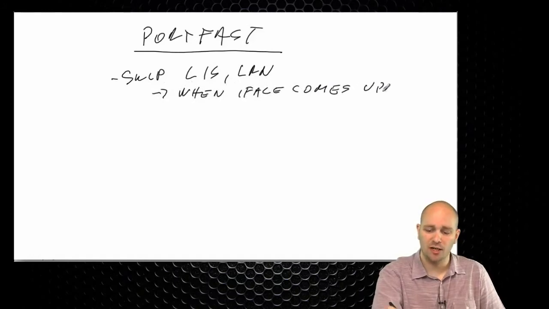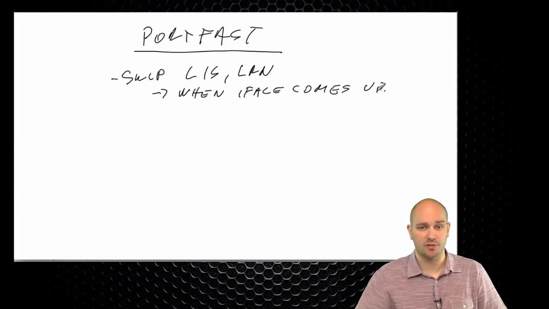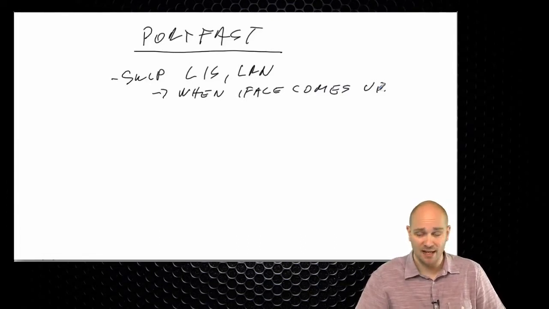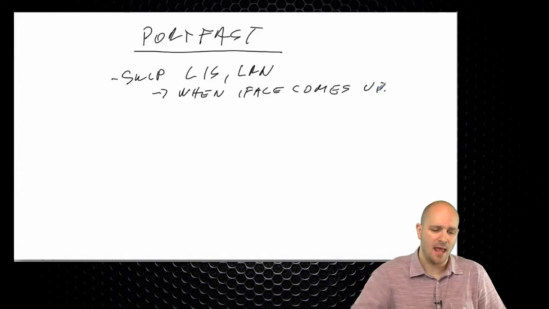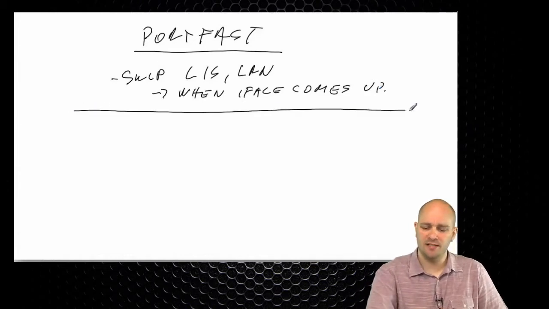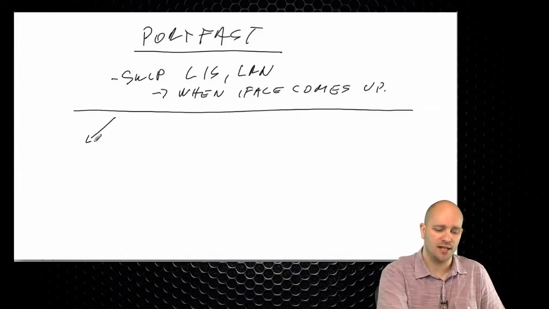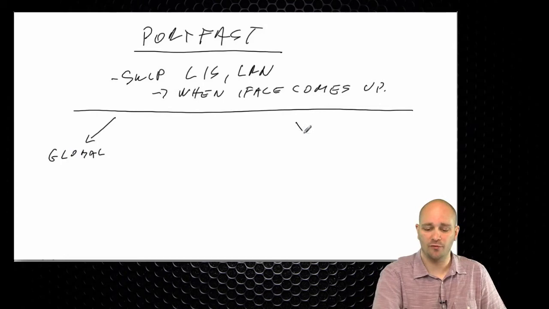So this does not apply if the interface was, for example, in the blocking state and has Portfast enabled on it. In that case, the interface will actually have to go through the listening and learning phases, and I will explain why. To explore this feature a little bit, we need to understand that there are 2 ways of configuring it. One is global, and the other is per interface.